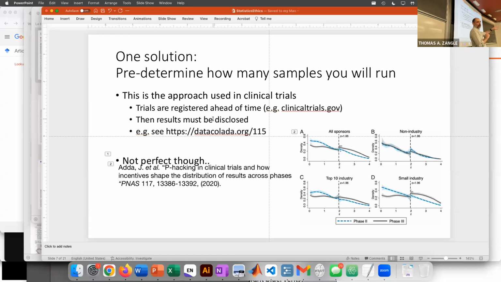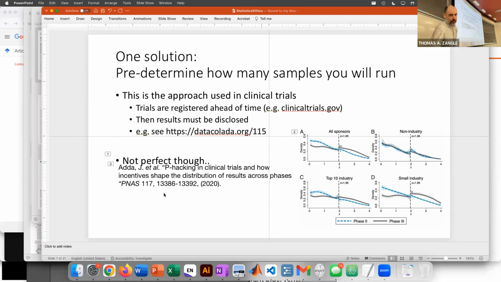That way, once a clinical trial begins, its results have to be reported, so we have negative results in the literature. Data Colada is a blog that talks about statistical misbehavior, and they talk about this as maybe the one true answer to p-hacking, but it's not perfect.